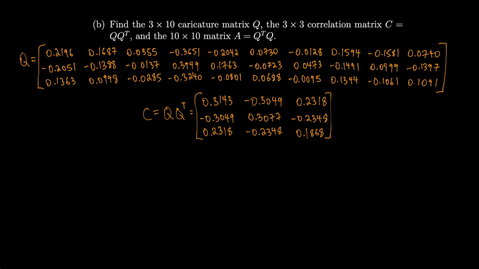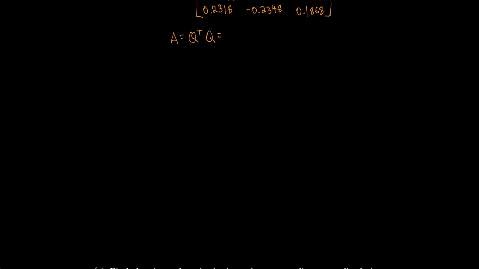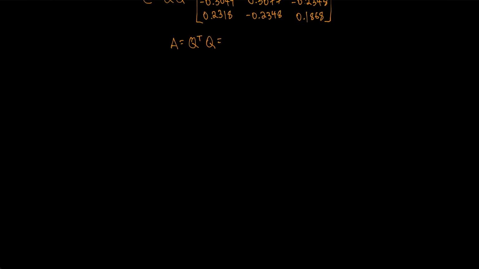And then A, given by Q transpose Q, is this monstrosity that I managed to write out with a calculator. So I'll just fill that in over here.